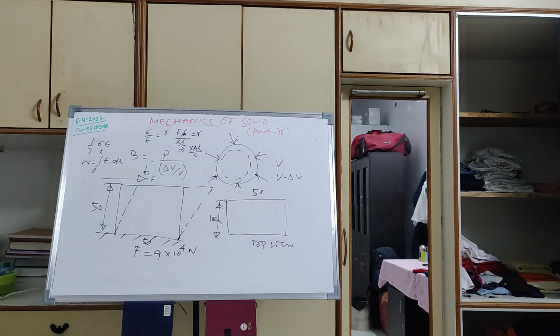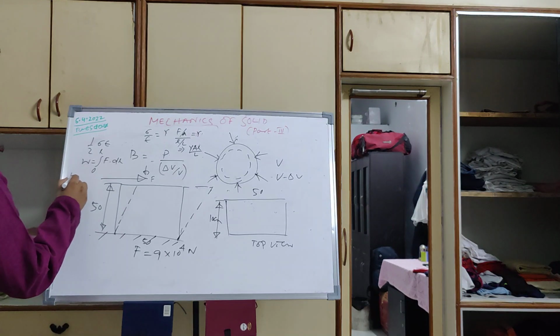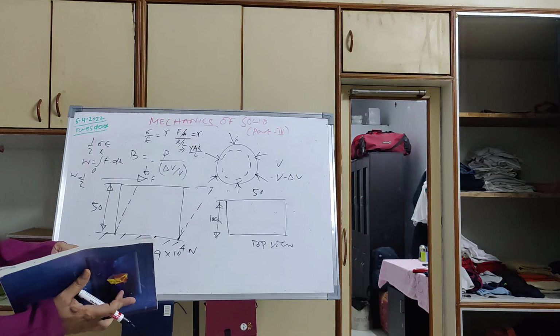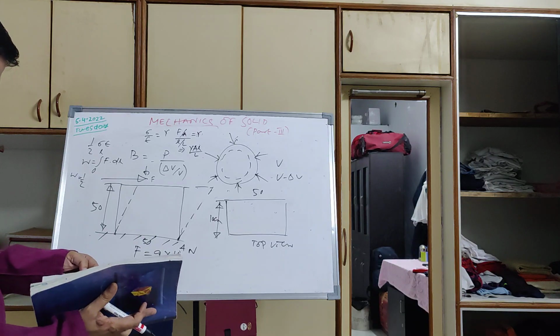By replacing this and doing the integration, you will get W is equal to half into Young's modulus into strain.